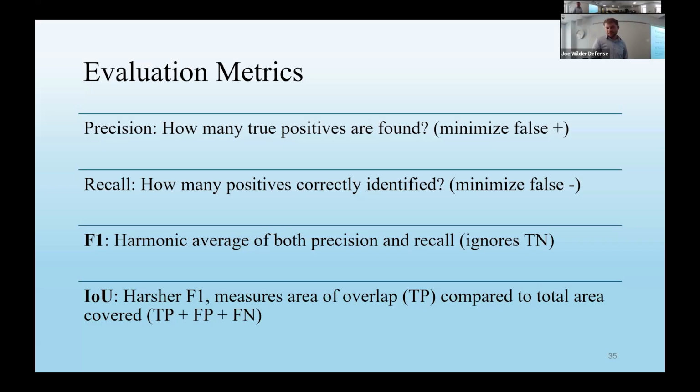You can think of F1 as maximizing the score for how well we correctly identify which points are bathymetry: how many of them do we find, and how accurate are we when we guess them. Intersection over union is mathematically pretty similar to F1, but it better captures the overlap, the actual shape, and whether it matches what we expect the predictions to be.